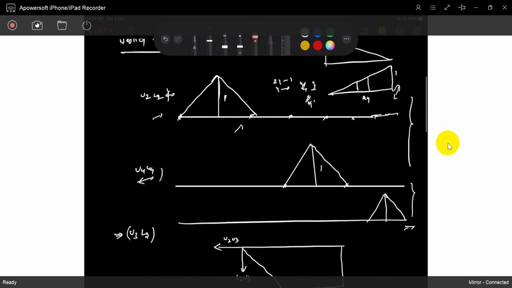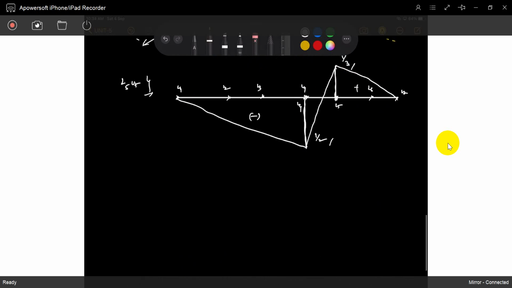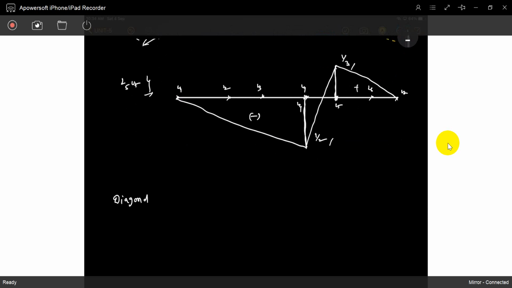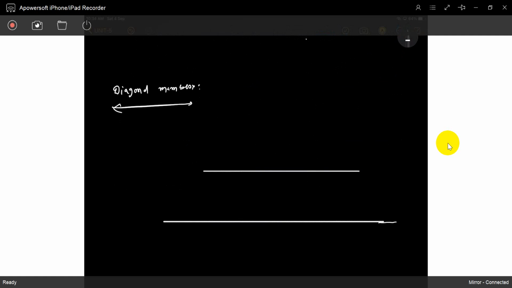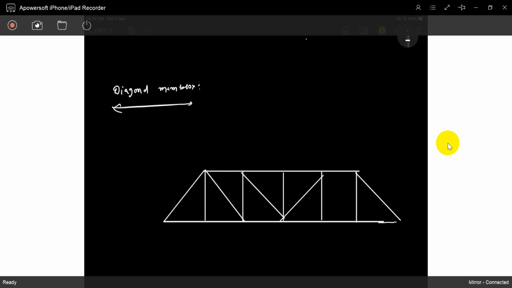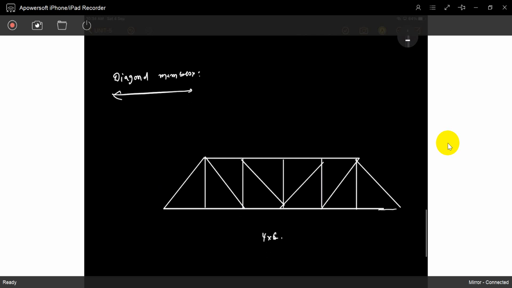Now we will go to the diagonal members. I will write down the diagram again because going up and down every time is too hectic. 4 into 6 is 24.